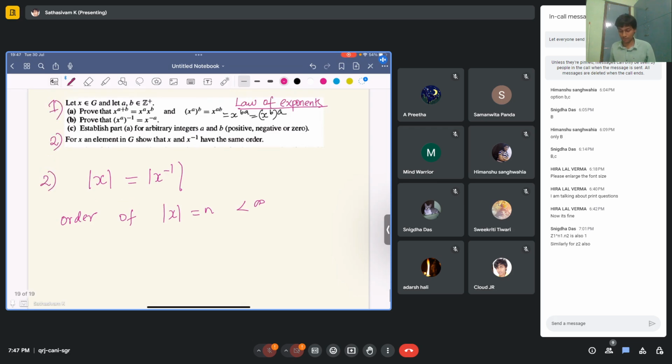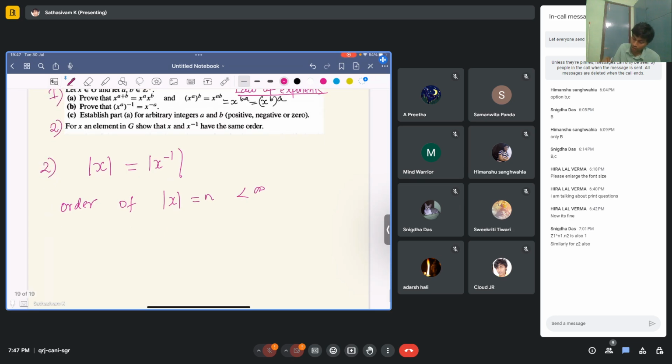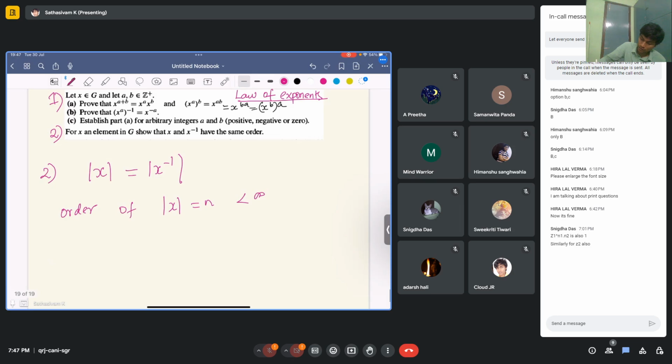You just have to use the laws of exponents. What you want to find is the order of x inverse, right? By definition, this is x power minus 1, power a.